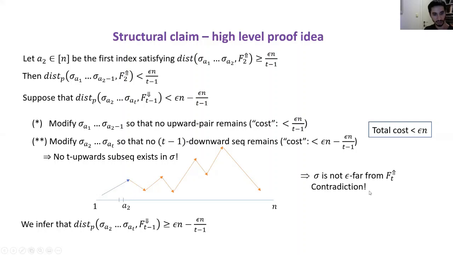The conclusion is that the distance of sigma A2 to sigma AT from being ft minus 1 down is at least epsilon n minus epsilon n over t minus 1. And in this case, we can just continue and recursively apply this idea in order to define the index A3, A4, and we continue like this until we define the entire required sequence in the claim.